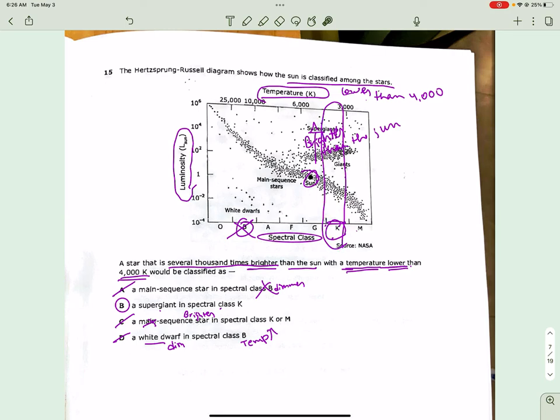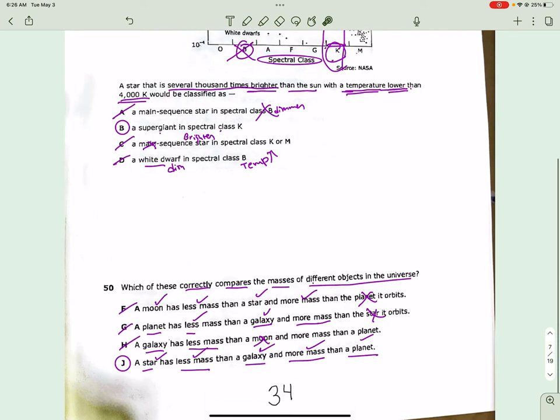So then right here we need one that is similar to the sun but a lot brighter. I was thinking it was at 5,800, but since I saw the dot I got confused. So it's at 4,000 K but a lot brighter than the sun. So then it's going to be right here, which is spectral class K. So it's going to be this one. Okay, let's go to the next one.